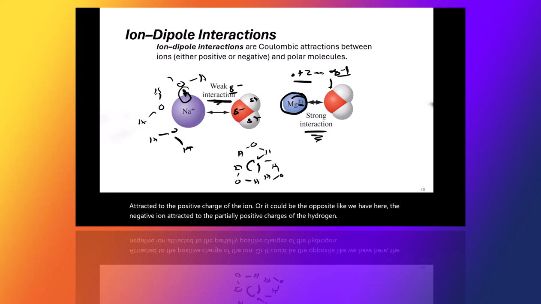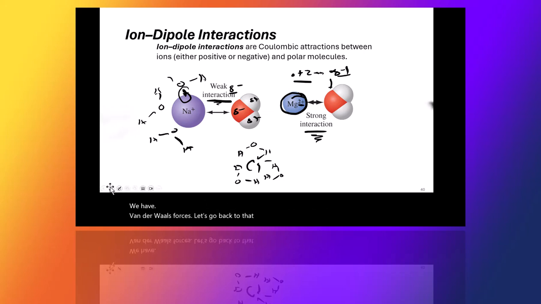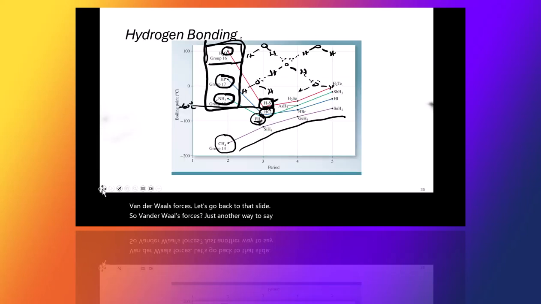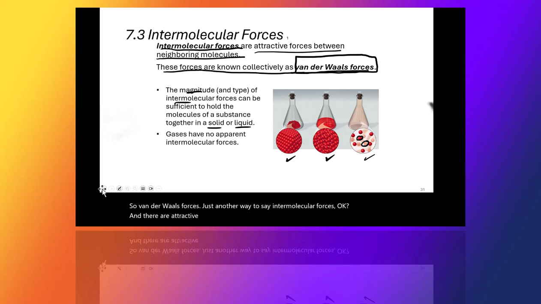All right, so in summary, we have van der Waals forces. Let's go back to that slide. Van der Waals forces is just another way to say intermolecular forces, okay? They're attractive forces between the molecules, and the choices are ion dipole, dipole, where we have polar molecules, polar bonding, and we get this dipole interaction.